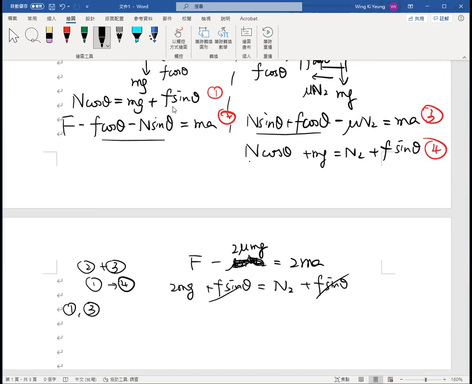Let's say I want to eliminate the n. So what I can do is multiply the first equation by sine theta. But always multiply by cosine or sine theta, not divide by sine or cosine theta, because if you divide, you make the case much more complicated.